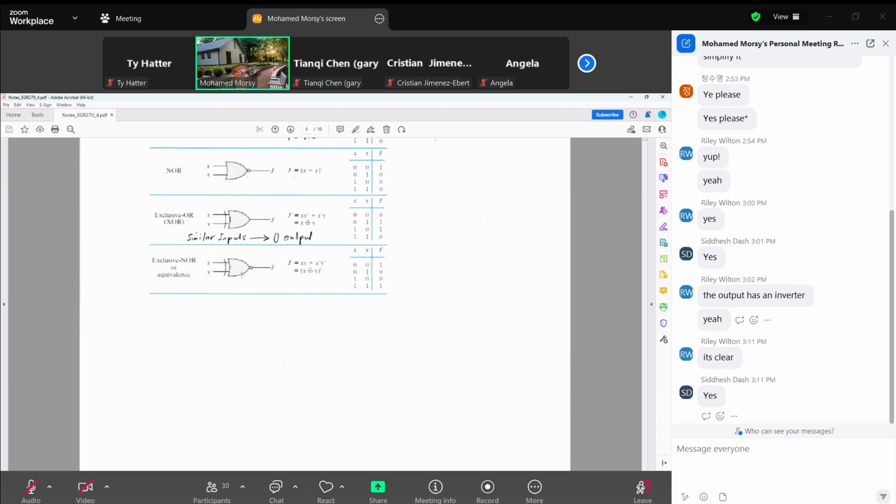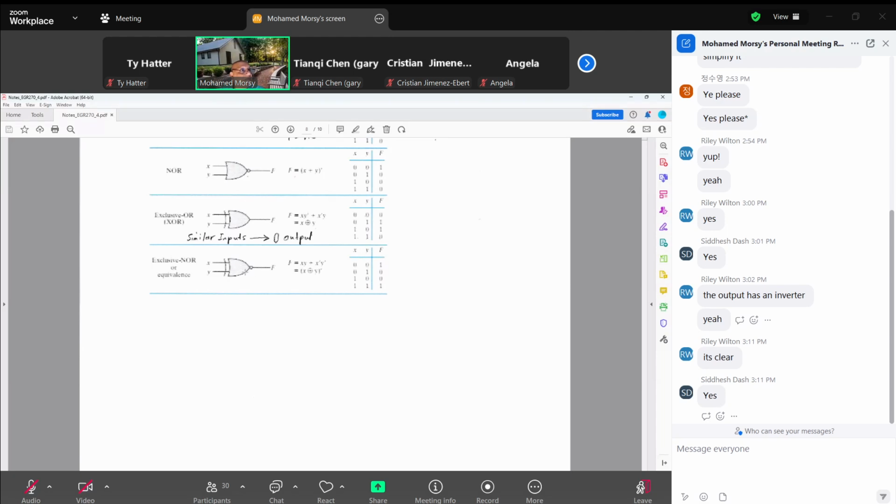And when we reach this exclusive OR, as I mentioned, if the two inputs are the same, 0, 0 or 1, 1, the output is 0. If 1, 0 or 0, 1, the output is 1. Exclusive NOR is the same thing as exclusive OR, but you invert the output after that.